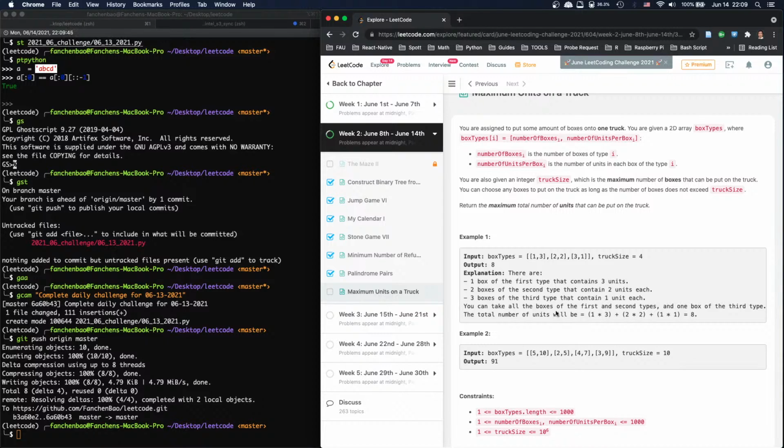The 3 boxes. 3 boxes will be, if I include the first one, then we need to find the maximum of that includes everybody else, including this one. If we say including this, that's the maximum of, oh, we cannot include this. Oh, we can.